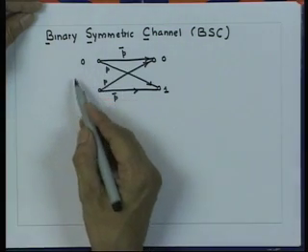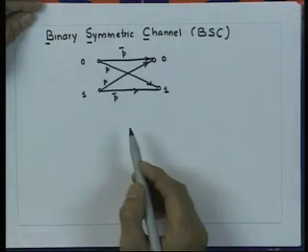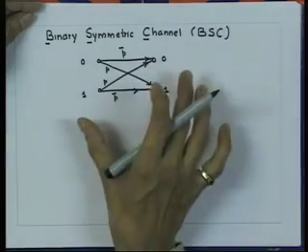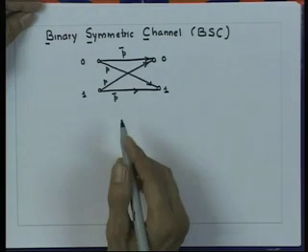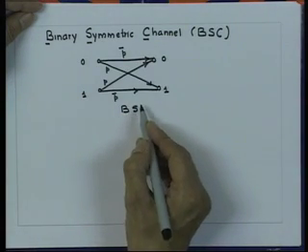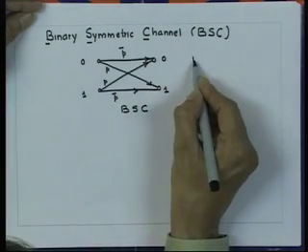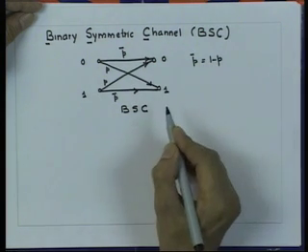In this case I have the input alphabet consisting of binary letters 0 and 1, and the output alphabet also consists of binary symbols 0 and 1. In this case the input size and output alphabet size are the same. So, this is the channel diagram for the binary symmetric channel, and as usual P bar is equal to 1 minus P.